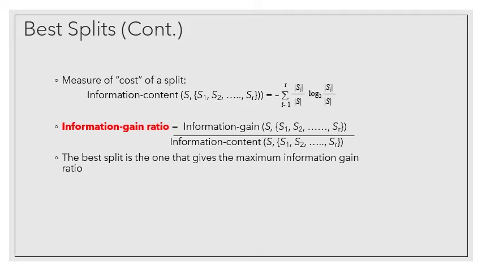The information gain ratio is the information gain of S and the sets S1, S2, ..., Sr divided by the information content of S and the sets S1, S2, ..., Sr. The best split is the one that gives the maximum information gain ratio. So based on this maximum information gain ratio, we choose the best splits.